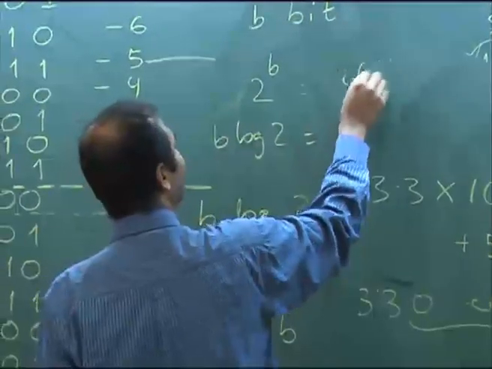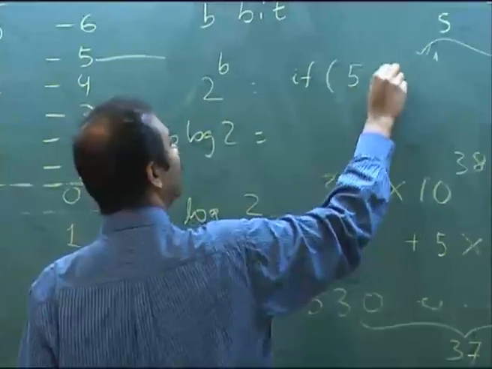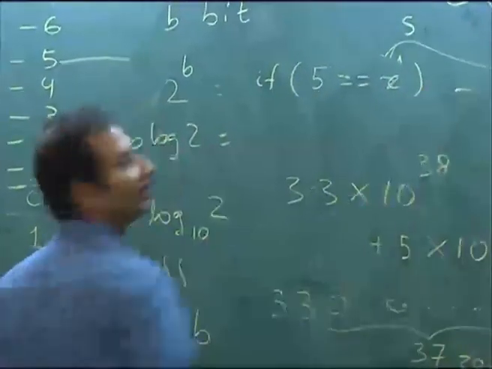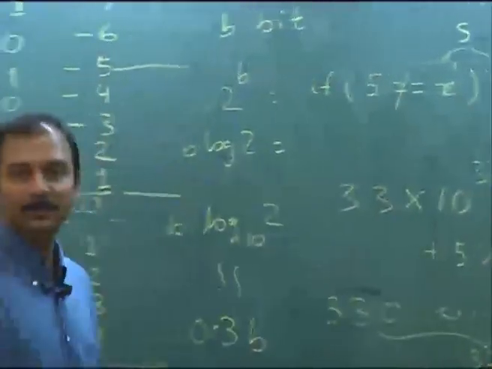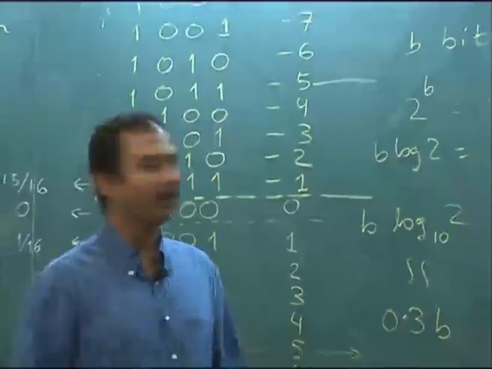Some programmers get into the habit of putting the literal constant on the left hand side of an equality test, so that if they miss the double equals, you're apparently assigning to the literal 5, which the compiler will flag. If you put a variable on the left hand side, you can always assign. Okay. So, in case you are spacing out there, if 5 equal to x, do something, and somehow you miss this equal, that's a meaningless statement and the compiler will complain.